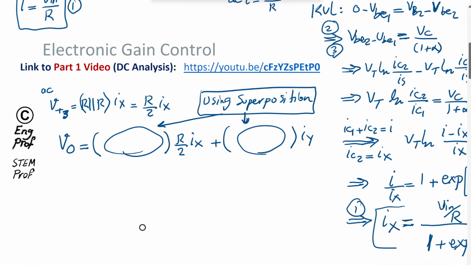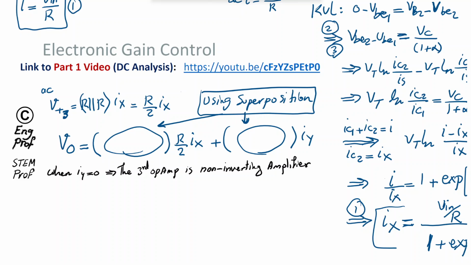So when Iy is assumed to be 0, we get the third op-amp stage, and it is a non-inverting amplifier. And it looks exactly like this scenario.